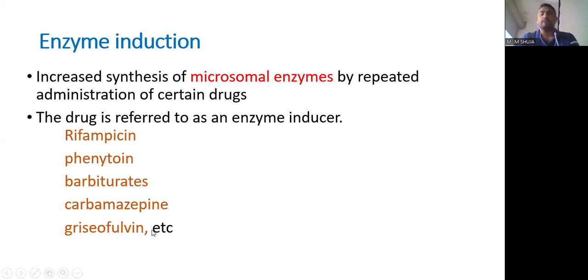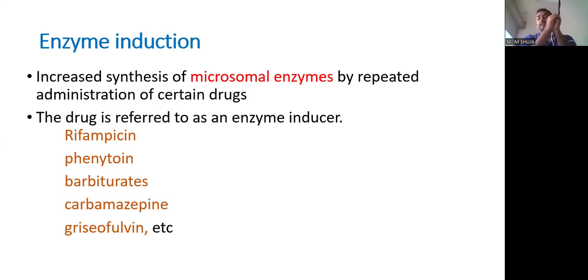So there is another thing called enzyme induction. There are a few drugs that go to the liver and increase the synthesis and activation of the microsomal enzyme. When there is too much microsomal enzyme, what will happen?